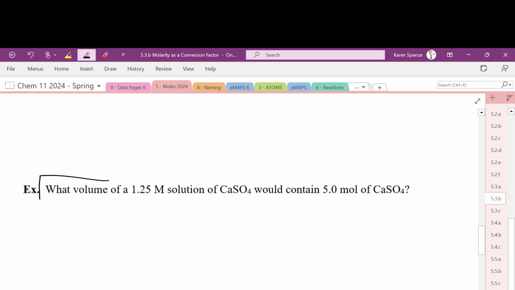So if we're asked what volume, what unit are we looking for? Volume is measured in liters. How many liters? What should I do with this 1.25 molar? I assume you all know what you're doing and you're just working ahead. Is that correct?